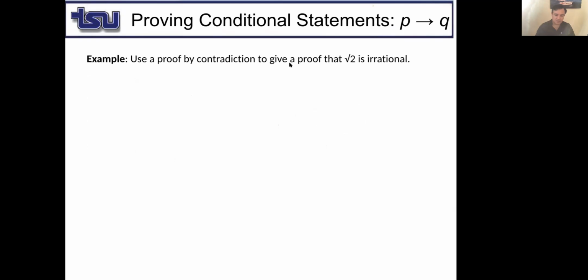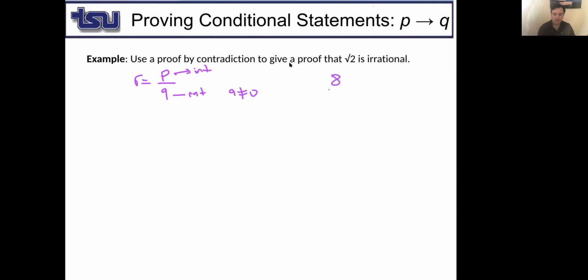It's pretty simple, actually. Here, use proof by contradiction to give the proof that square root 2 is irrational. Remember rational numbers? Rational numbers are numbers that can be written as P over Q. If R is a rational number, you can write it as P over Q, where P is an integer, Q is an integer, and Q is not equal to 0. I also told you that rational numbers may have multiple representations.